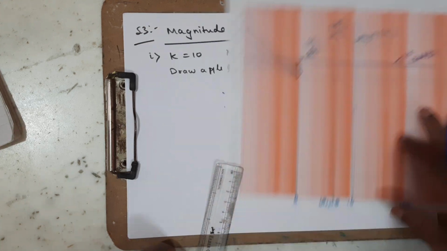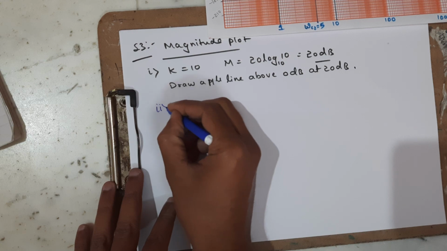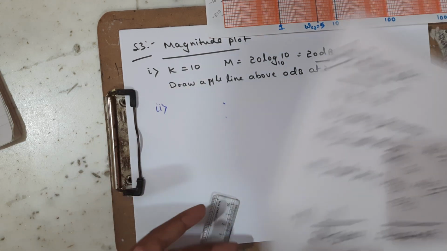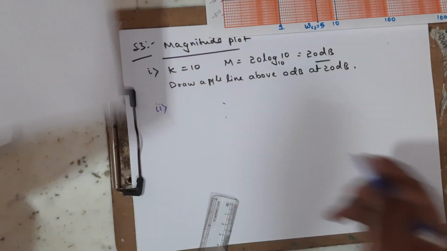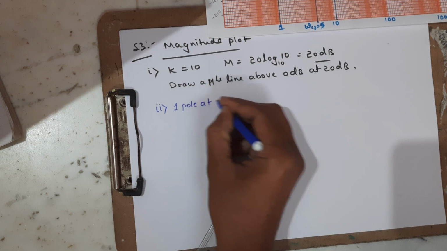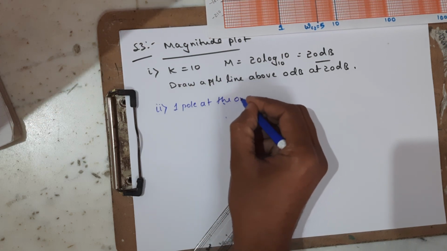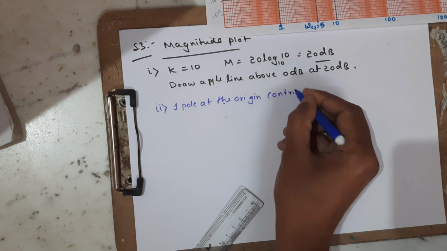What is the contribution of factor number 2? The second factor is one pole at the origin. One pole at the origin contributes how much?